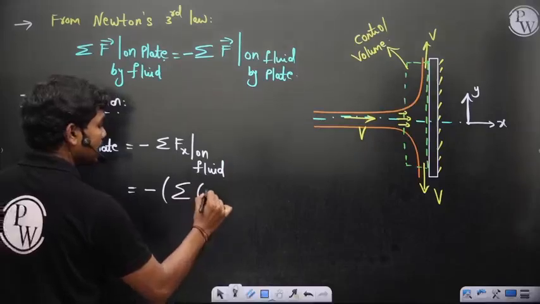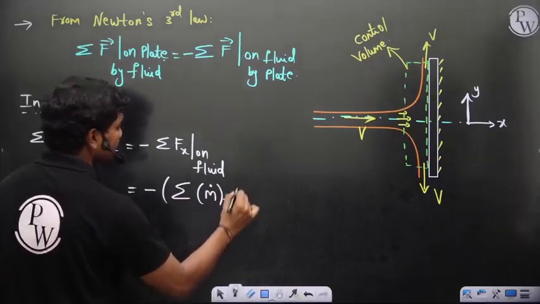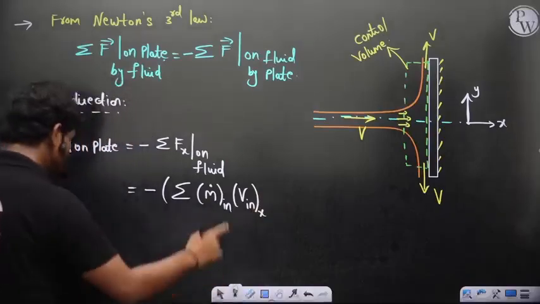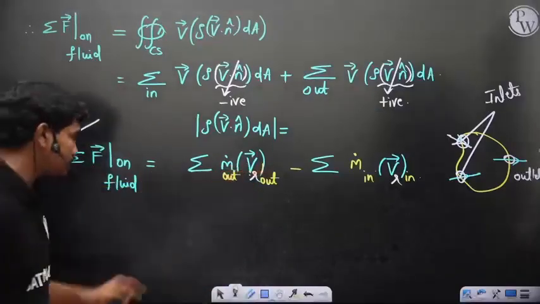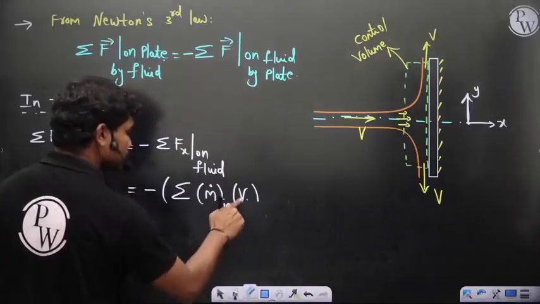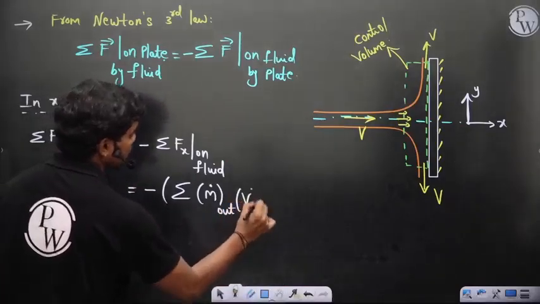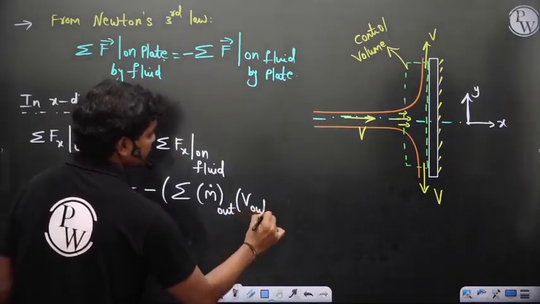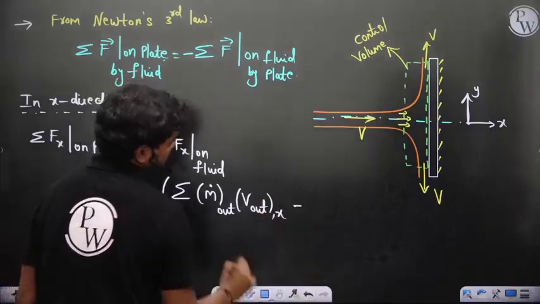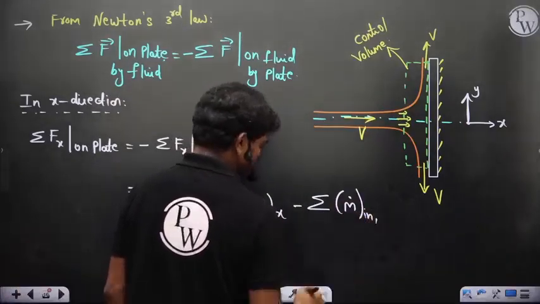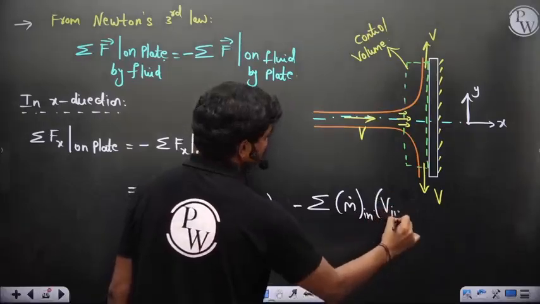Summation m dot in times v in at x. Okay, this is at inlet minus, sorry, this is at outlet. Now first there are outlets, same expression, I'm just copying. m dot out v out in the x direction minus summation m dot in times velocity at inlet in the x direction.